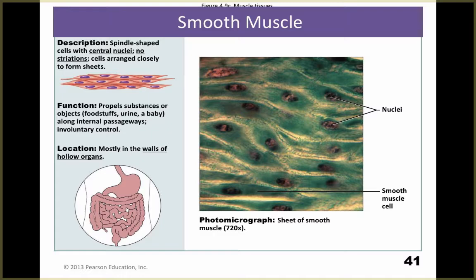It has a central nucleus, no striations, and the cells are arranged closely to form sheets. It's important because it propels substances or objects, like food or urine or even a baby, along internal passageways, and it's completely involuntary. So you can think of it mostly in the walls of hollow organs, so it's very much present in the stomach and in the intestines.